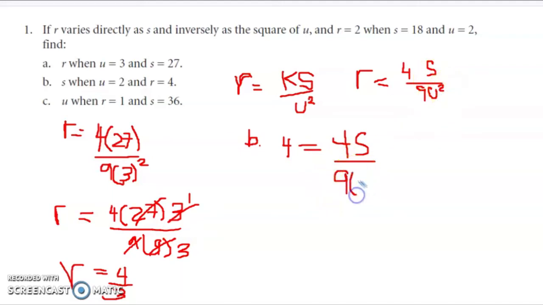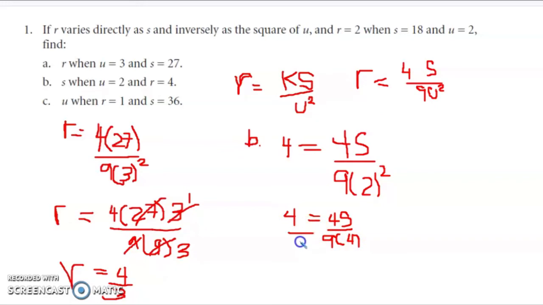What is the value of U? 2. 2 squared. Okay. So let us simplify. That is 4 is equal to 4S all over 9 times 2 squared is 4. So that is 9 times 4.